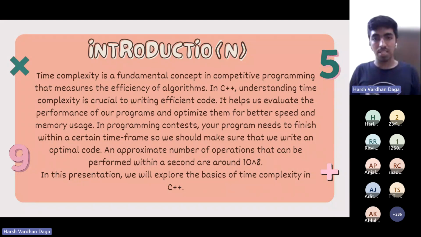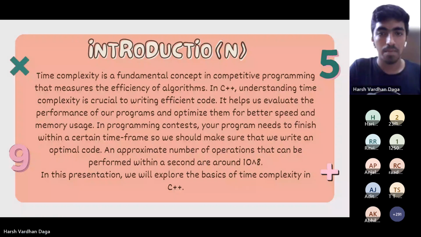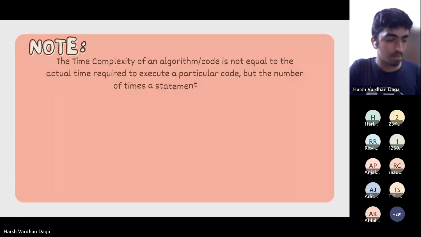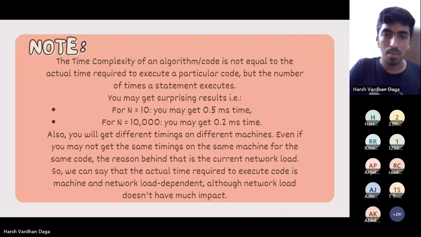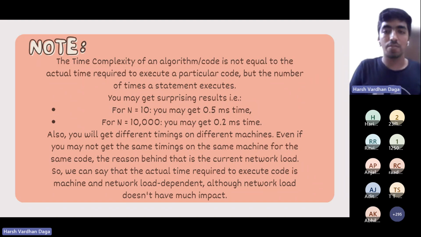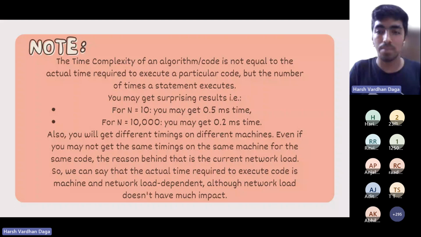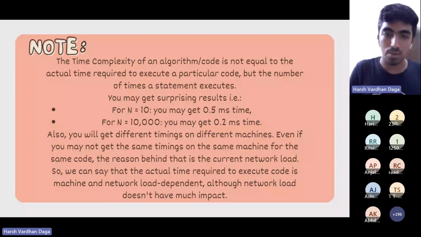In the upcoming slides, we will explore the basics of time complexity in C++. One important note: as I mentioned earlier, time complexity of an algorithm is not equal to the actual time required to execute a particular code, but it measures the number of times a particular statement executes.